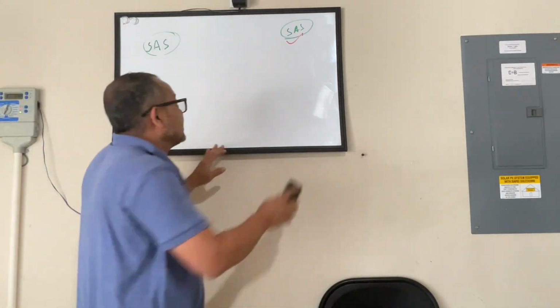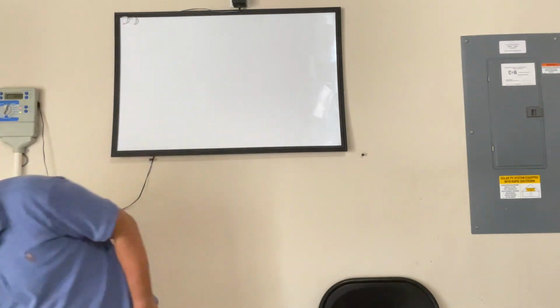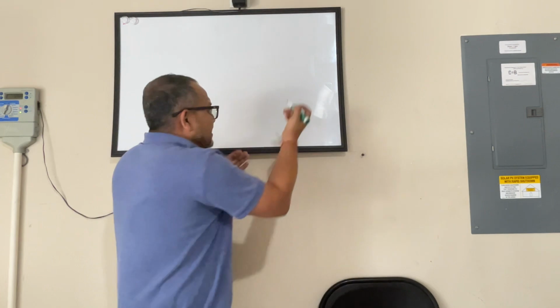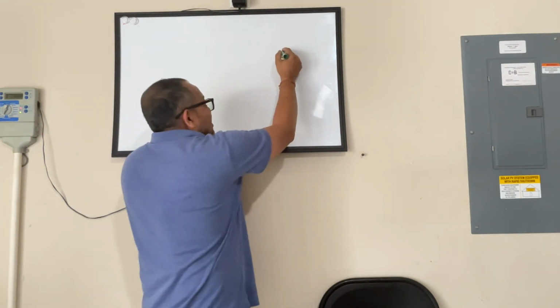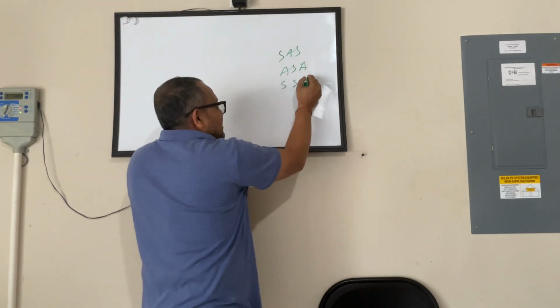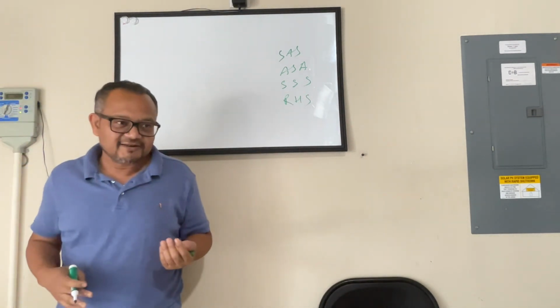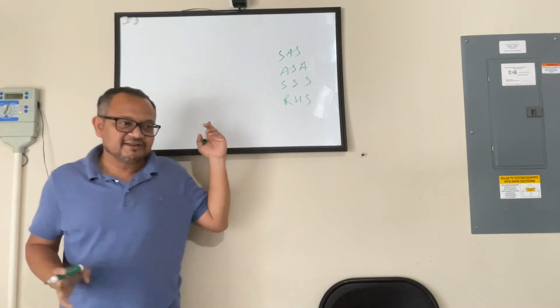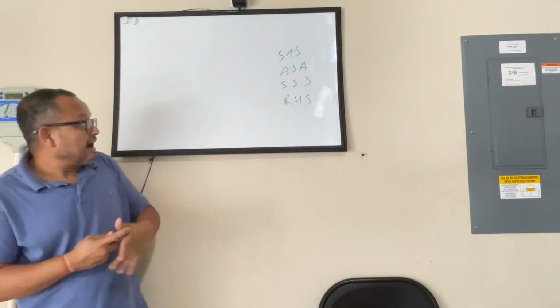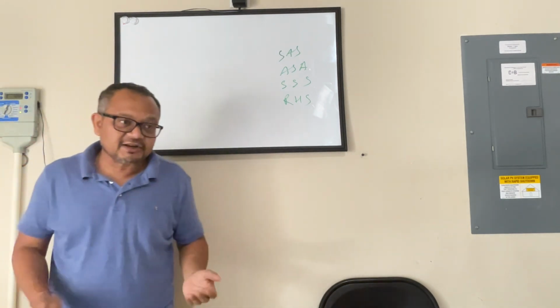I don't think here in the US, I have heard it when I was teaching my elder daughter for SAT preparation, I never heard her talk about SAS, ASA, SSS or RHS. This is something that I had learned when I was a child. When I was teaching the kids here in India, I walked them through these theorems. So that is why I thought maybe I'll explain that to you guys.